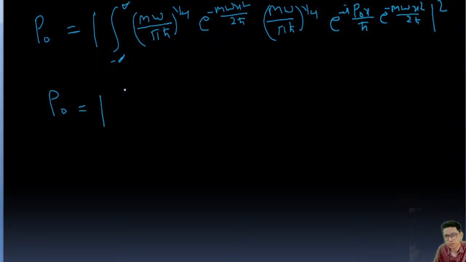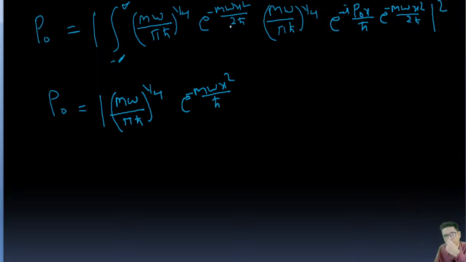This is going to be m omega upon pi h cut to the power 1 by 4, and this value will be e to the power minus m omega x square upon h cut, because bases are same, so powers will get added.